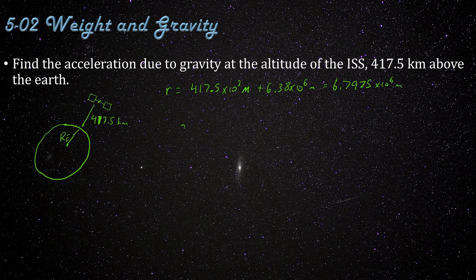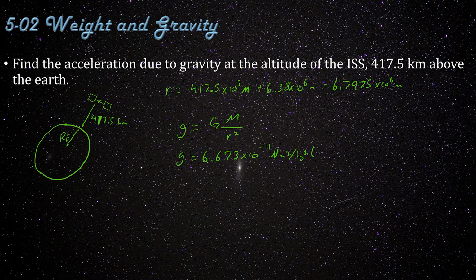All right, so if I want to find the acceleration due to gravity, it is GM over R squared. G is 6.673 times 10 to the negative 11 Newton meter squared per kilogram squared.